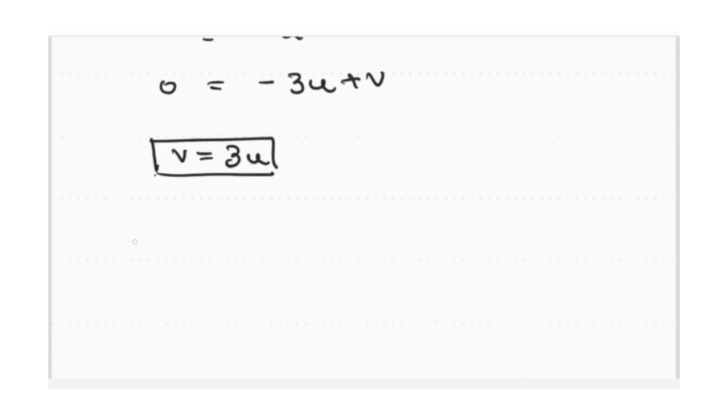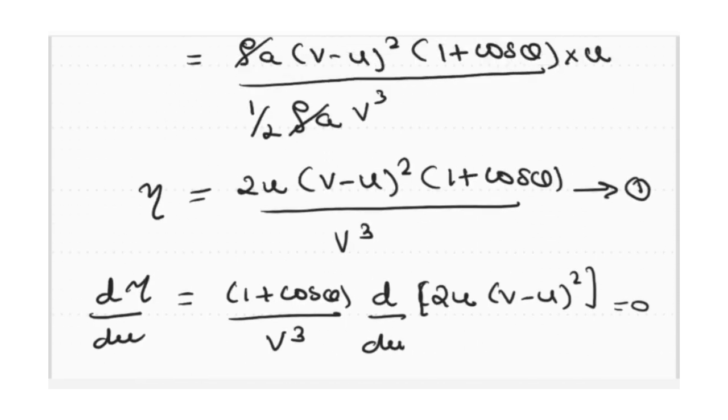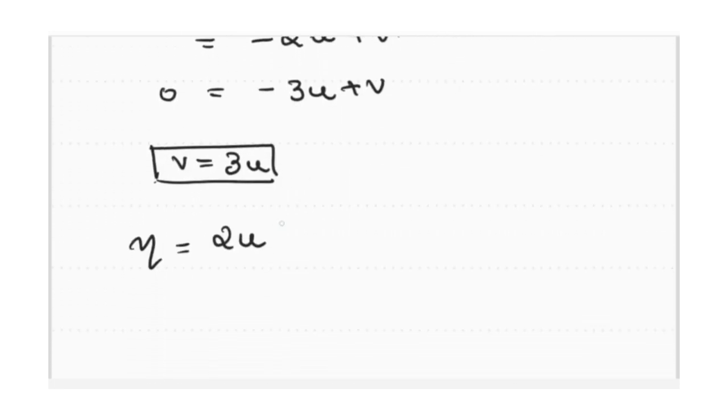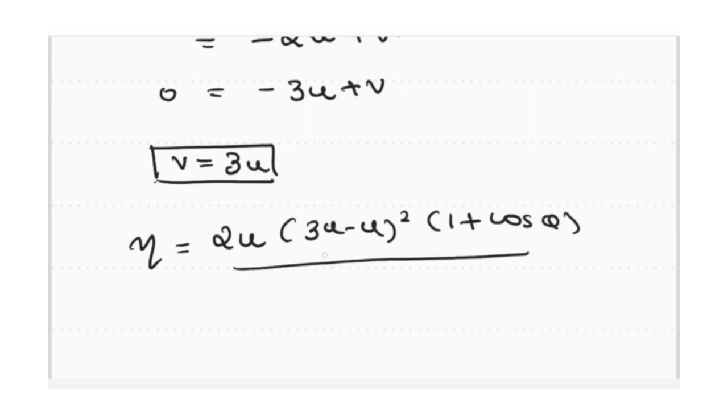That will be equal to 2 into u into (v minus u) whole square, with v as 3u, so (3u minus u) whole square, into (1 plus cos theta), divided by v cube. V cube is (3u) whole cube.